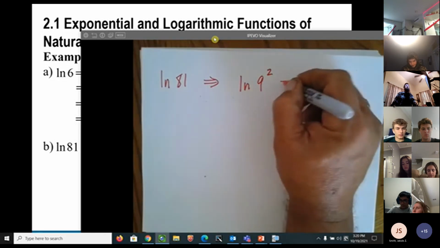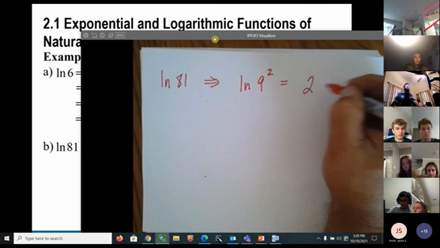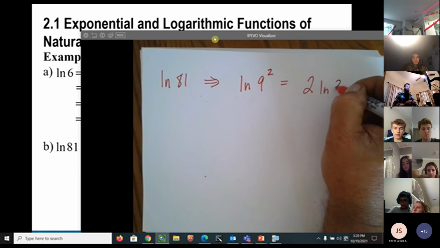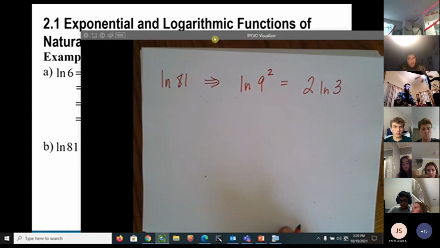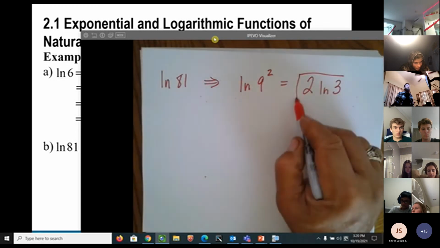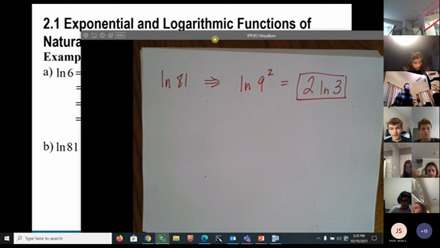And by the power rule, I can bring that 2 out front. And the answer is 2 natural log of 3. So you would punch that in the calculator. These are rewrites. They're pretty basic, but they're rewrites.